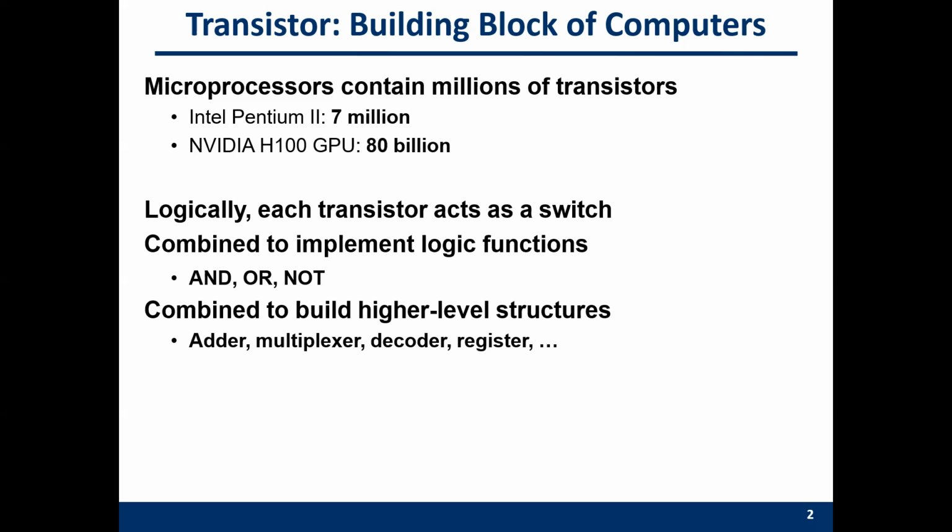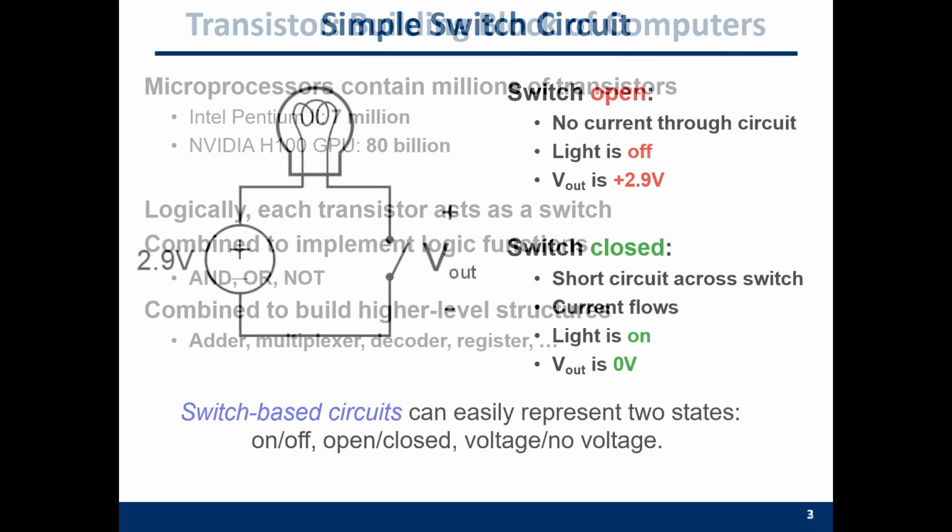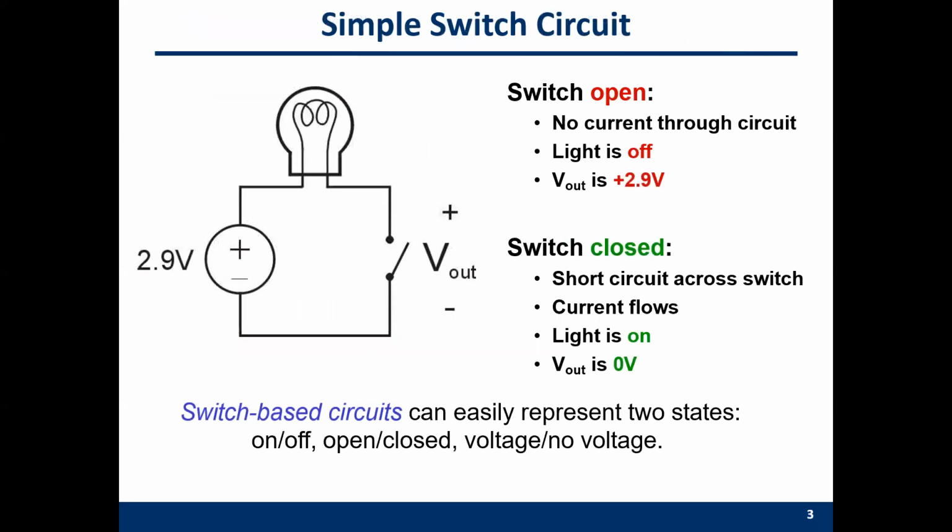So the transistor is actually a switch, and by this simple switch structure, we can build different logic gates, and then we can use those logic gates to implement the more complex structures. So here is the switch structure. You can consider this part.